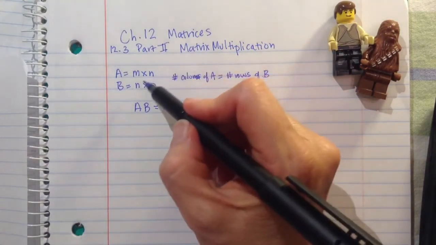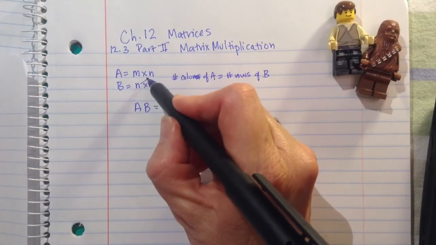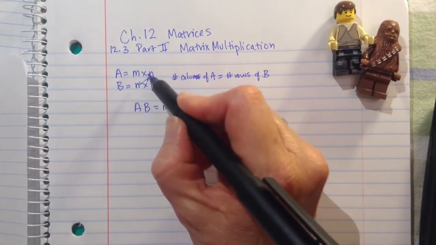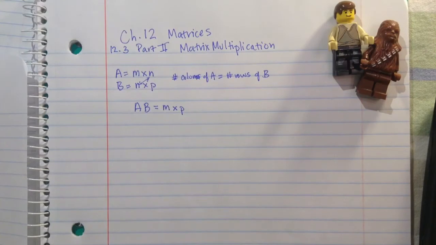So these two have to match, and then we'll end up with a new matrix that has the rows of A but the columns of B.